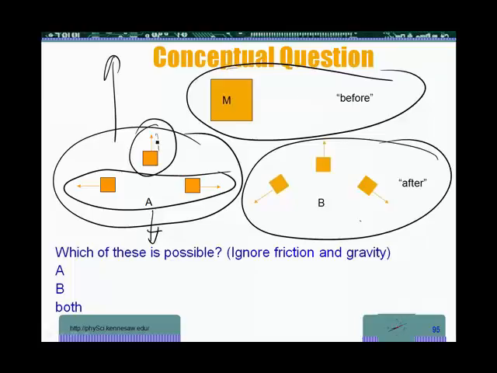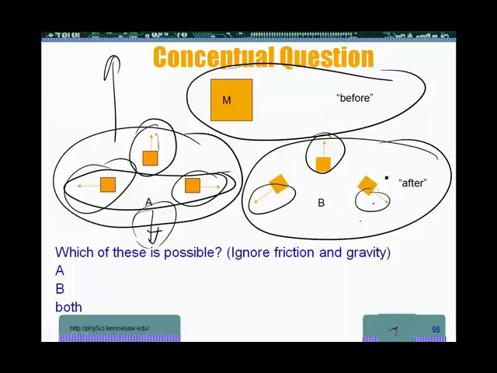So if I have a momentum here, it should be cancelled by another momentum in that same direction. Like here, this momentum is cancelled by this. Now in this case, this momentum is going to be cancelled a little bit from here and a little bit from here. And these two momenta both have motion along this direction, so they both cancel out along this direction. So case B is the correct one.